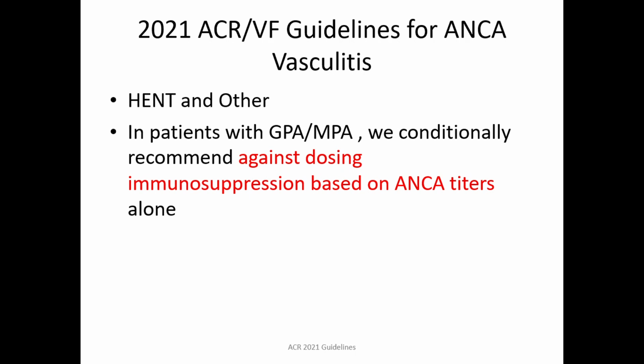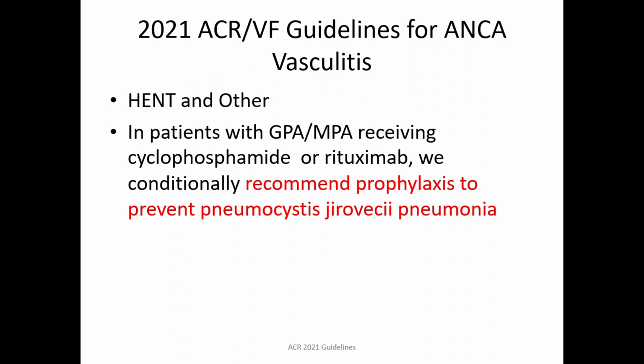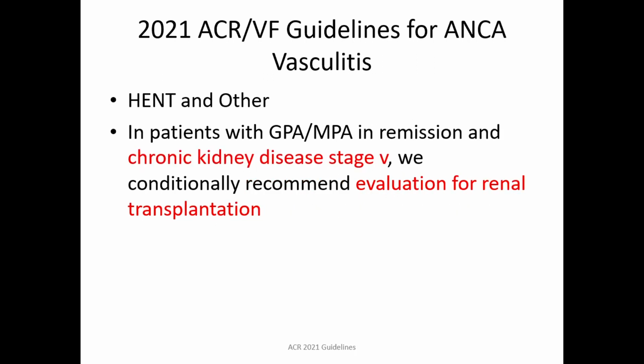I'm not sure what people thought on the other autoantibodies, but it is more for diagnostic purpose rather than for disease activity purpose. And if your patient is receiving cyclophosphamide or rituximab, there is a conditional recommendation that prophylaxis for PCP should be given.